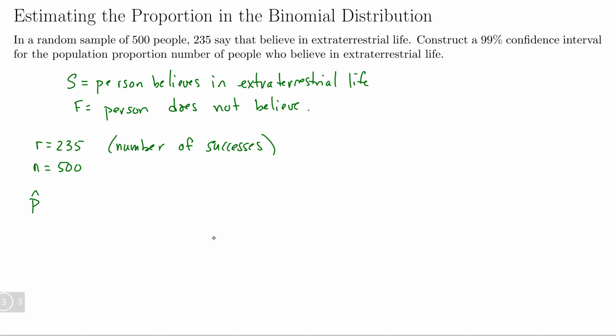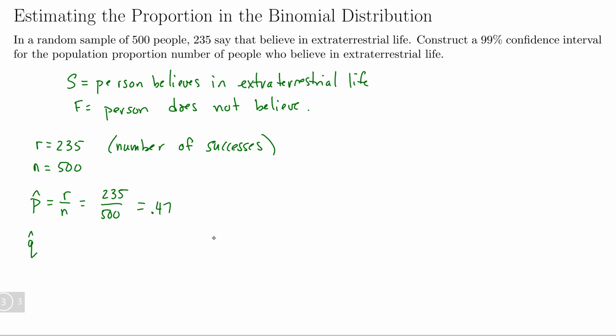We can now calculate what we call p hat. P hat is the sample proportion, or the sample probability of success. We calculate this by dividing the number of successes over n. So we have 235 divided by 500. This gives us a sample proportion of 0.47.